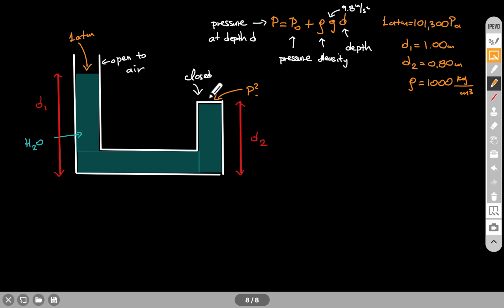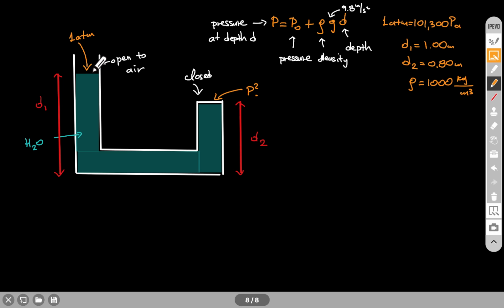In general, the strategy that we will follow in this kind of problem is the following. We will start from a point where we know the pressure, and then we will make our way through to the point where we need to find the pressure. For example, here I know that the pressure on this end of the tube is 1 atmosphere.